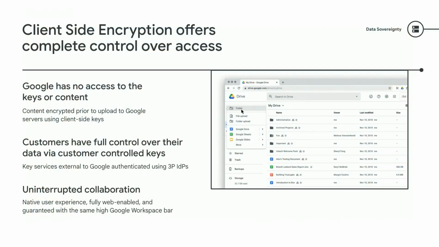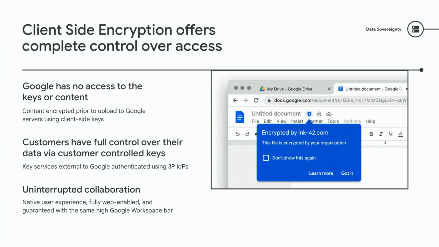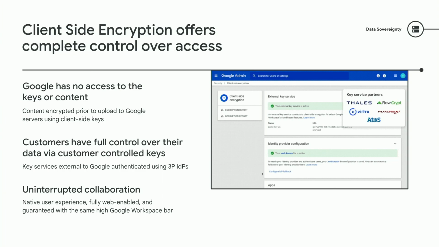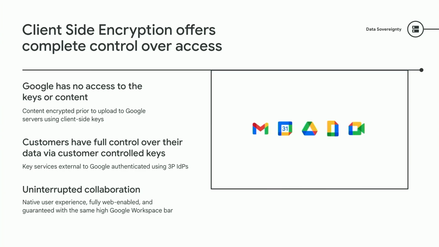Google never has access to the keys or key holders, which means the data is completely indecipherable to us, and we have no technical ability to access it ever. In short, client-side encryption makes you the ultimate arbiter of all access to your data. This is as private as it gets.